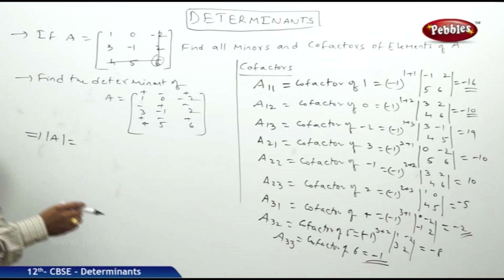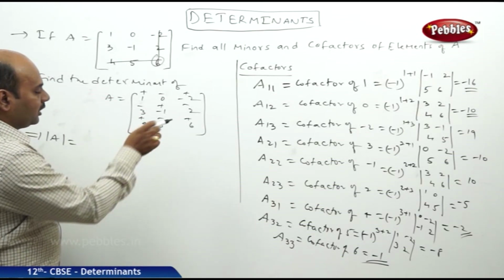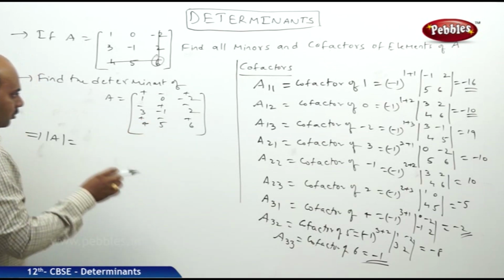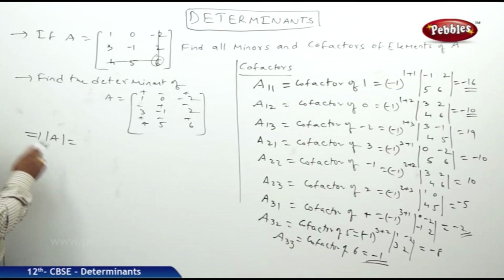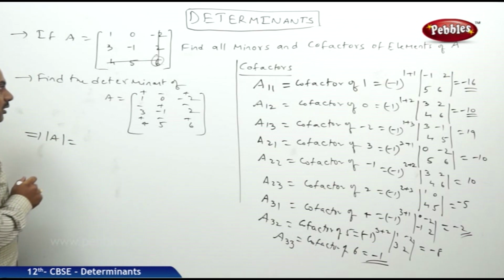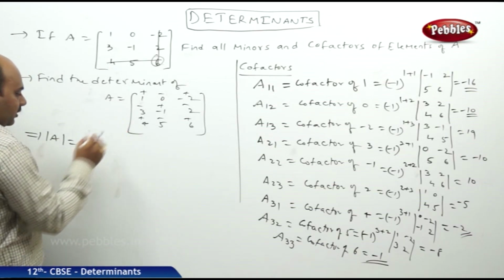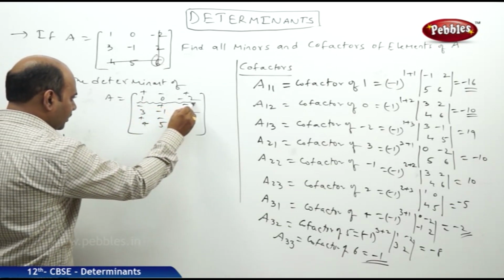We need to keep a sign like this. So whatever row or whatever column you choose, you should go as per those signs. Now we'll be finding the determinant of this particular matrix, and just now we had given some signs. So here I'm going to do it with respect to this particular row.